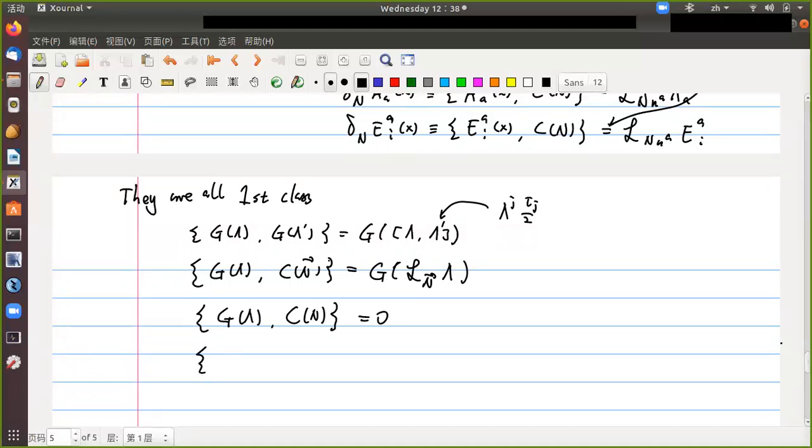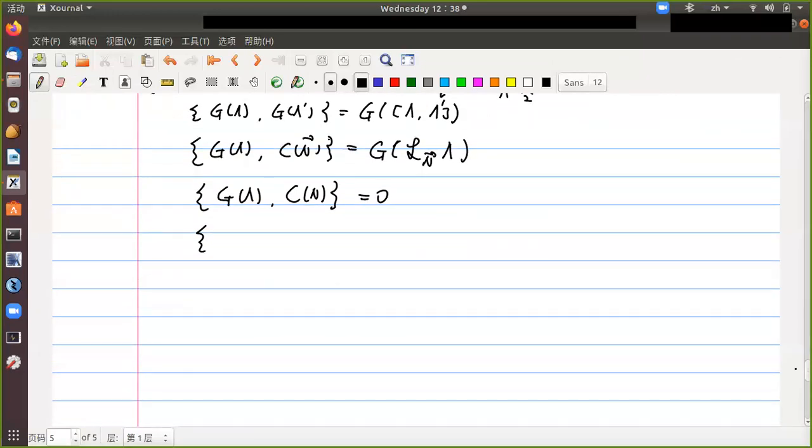The other constraint algebra is more or less the same as in the ADM situation: two diffeomorphisms still give you a diffeomorphism.